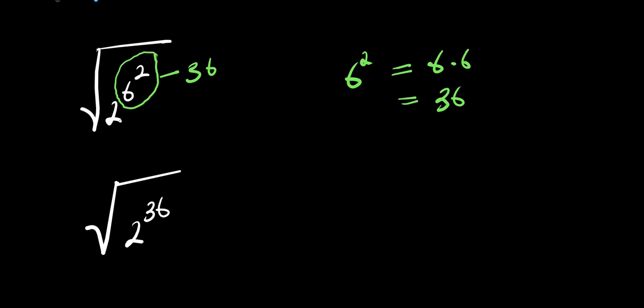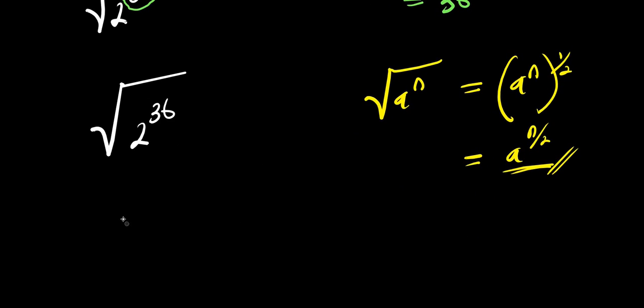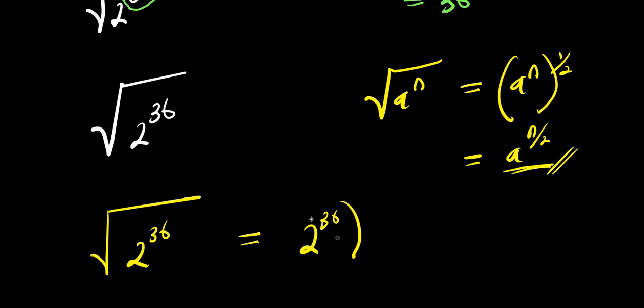Now, if you remember this identity, you have square root of a to the power of n. This equals a to the power of n raised to the power of 1 over 2 because of the square root here. So from here we have a to the power of n times 1, that is n over 2. So we apply this same identity here. That means we are simply going to have square root of 2 to the power of 36 equals 2 to the power of 36 raised to the power of 1 over 2 because of this square root here.